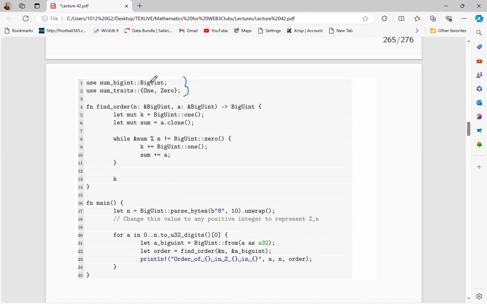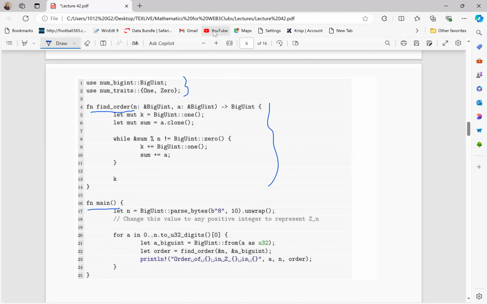And then you have the Num trait, that ensures that this code can handle 0 and 1, and of course, convert them to BigUints, and so on. So I have two functions. I have this function for finding the order, and then I have the main function. This is where everything is happening.